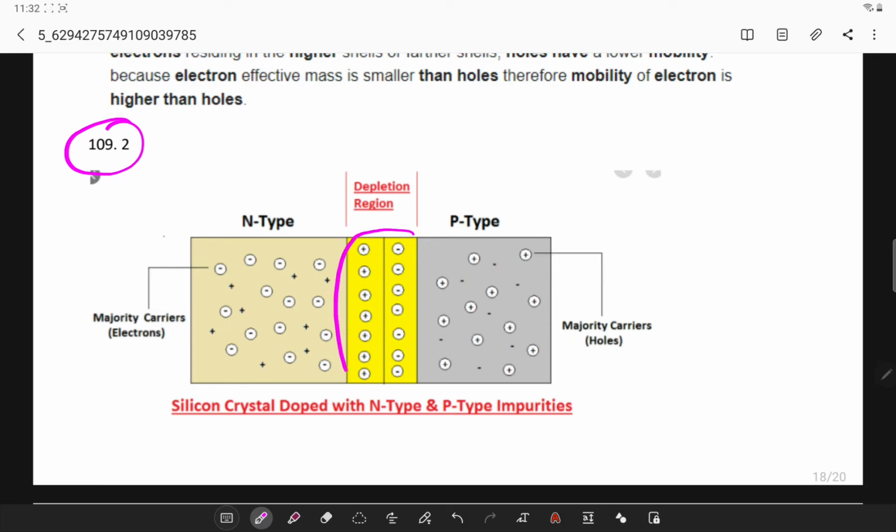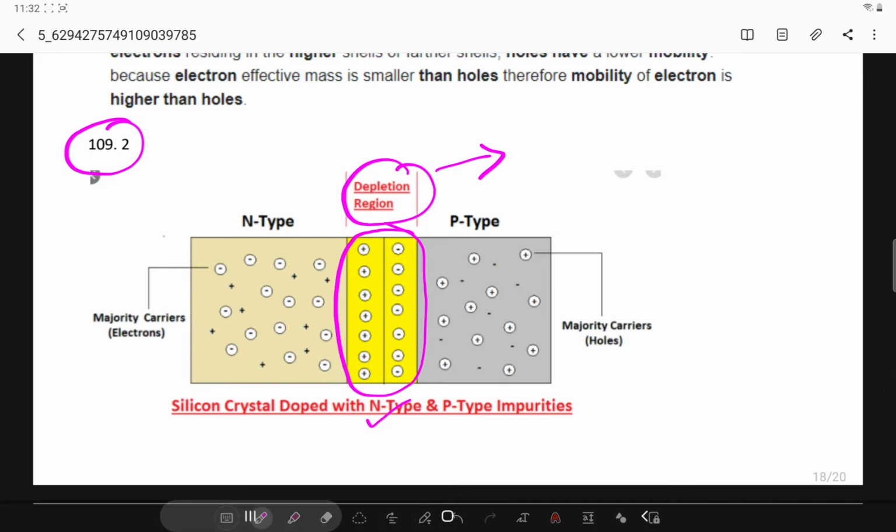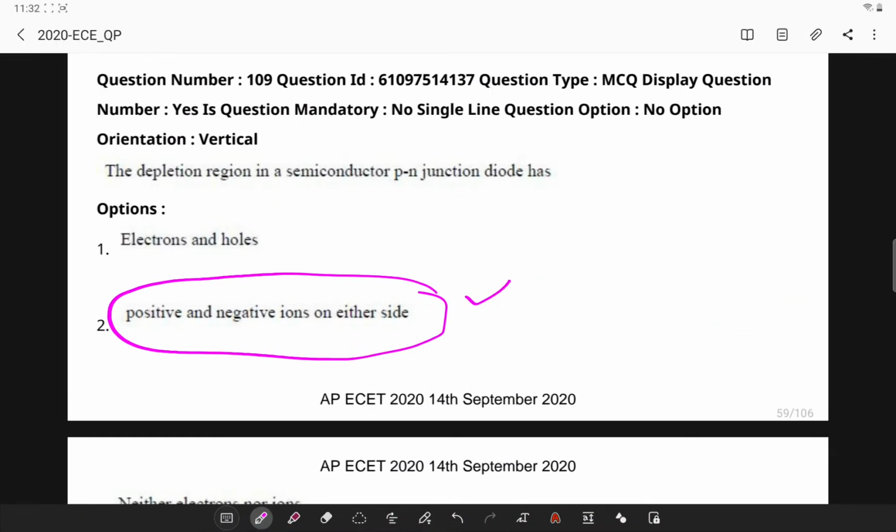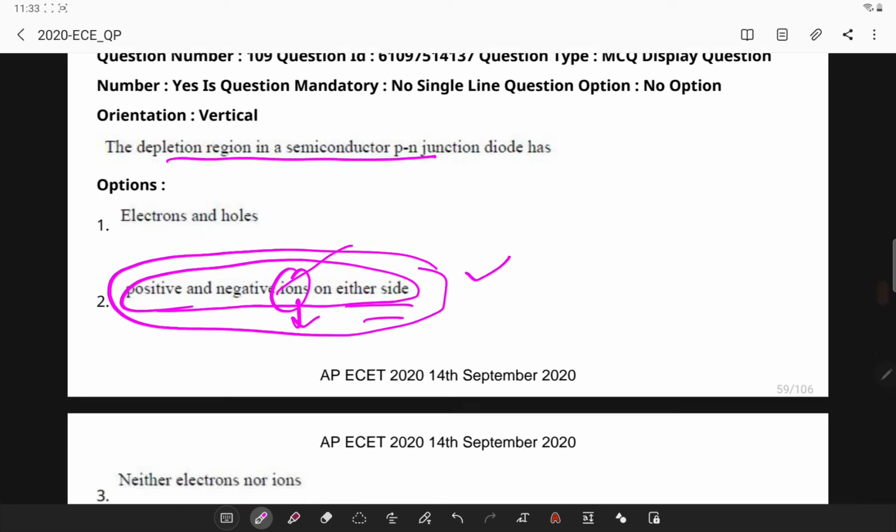See this depletion region, it is also called the space charge region or transition region, a region in which you have immobile charge carriers or ions. Okay, that is what is asked in the question. So the depletion region has both positive and negative ions, which are immobile charge carriers on either side.